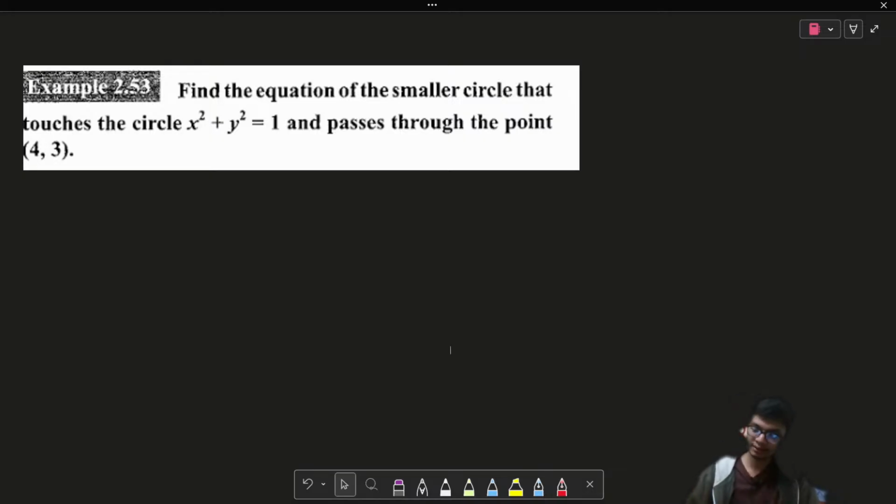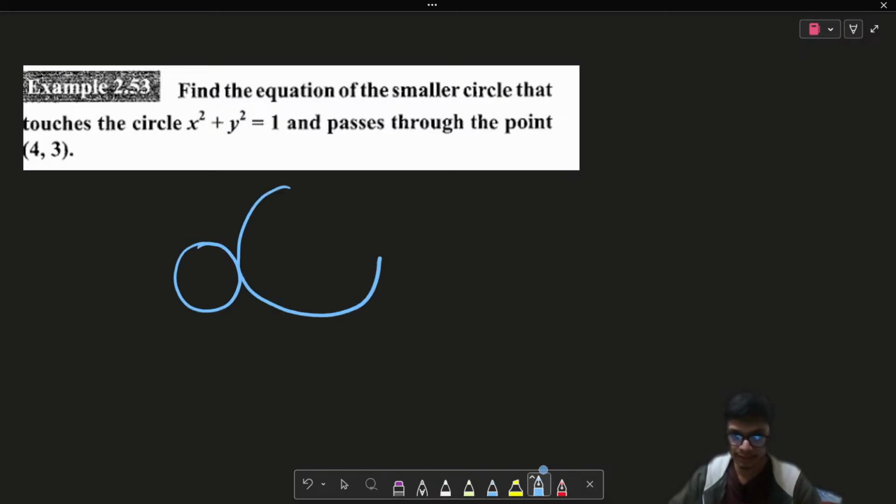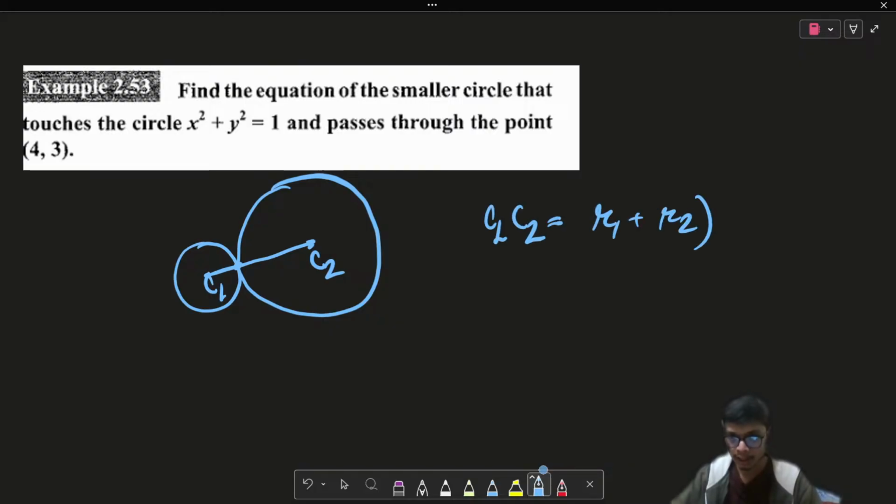In this question it is saying that the smaller circle is touching this bigger circle at only one point. So if I have a smaller circle and a bigger circle, say C2 and C1, touching at only one point, then the condition will become C1C2 equals R1 plus R2.